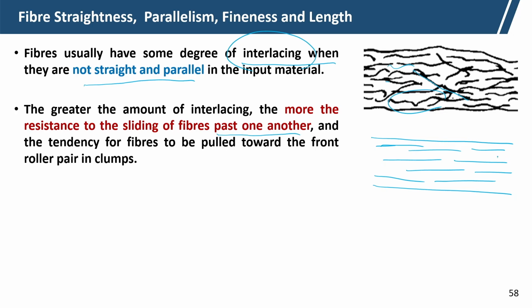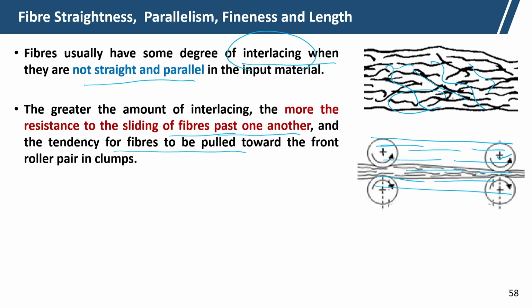So, in the ideal case there is no resistance, but here as more and more interlacement is there, there will be a resistance to fiber movement and a tendency for the fibers to be pulled towards the front pair in clump form, which results in the drafting wave, or irregularity.